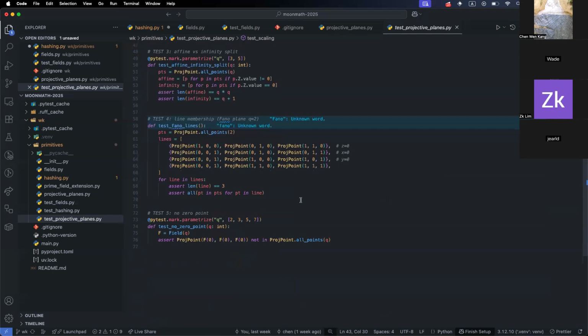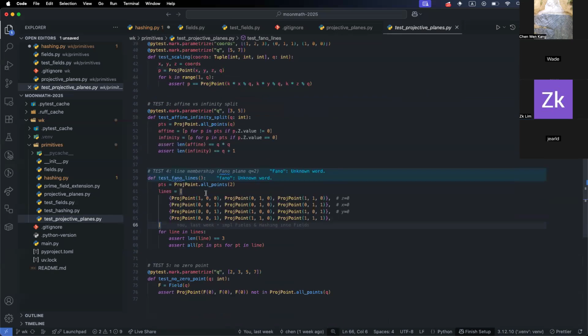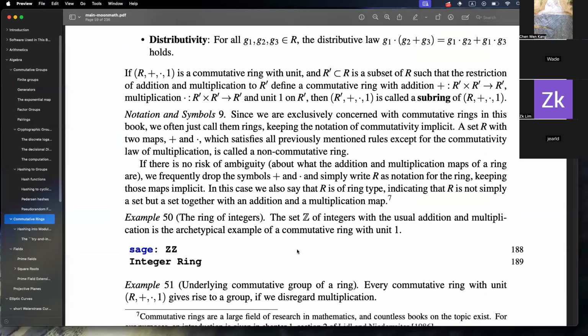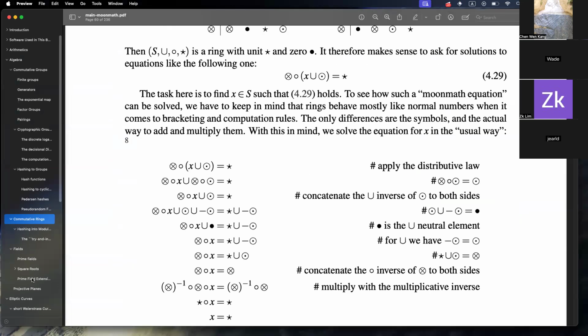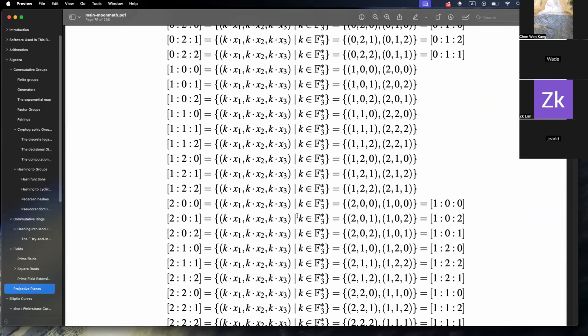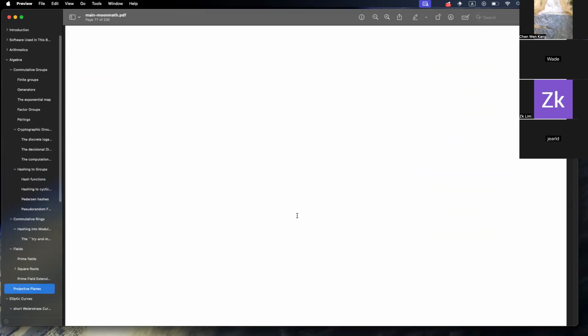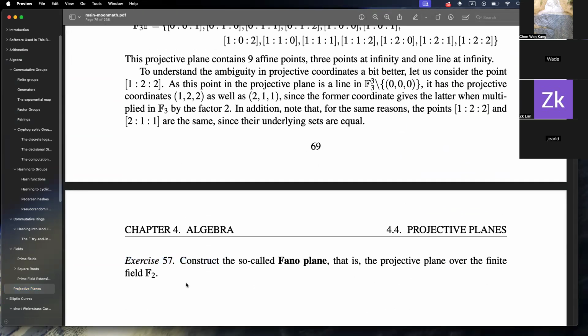These are all just test cases. I think the final one is just the question over here, so I just made this into a test case itself. But yeah, that's what I've done.